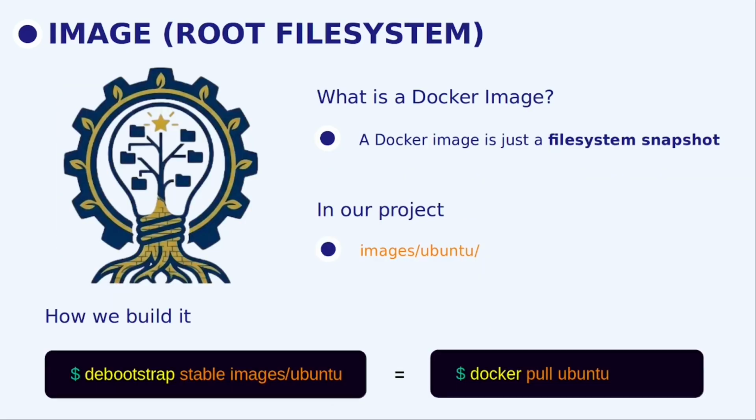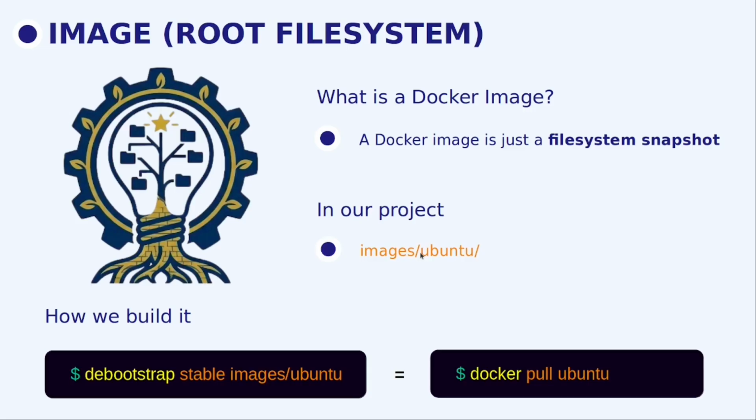Image, root filesystem. What is a Docker image? Let's talk about images. A Docker image is just a filesystem snapshot, not a binary, not magic. In our project, we store the image like this. This is just a directory on disk.